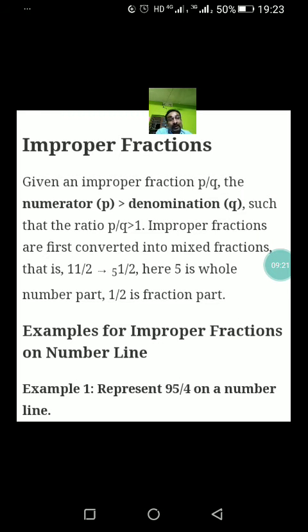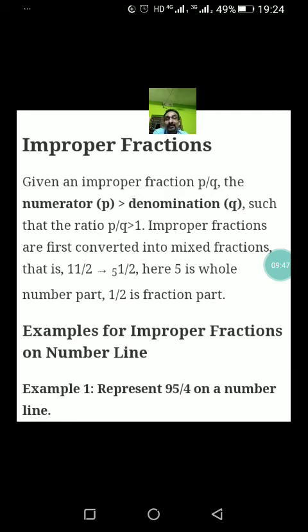Now, if we have to represent an improper fraction, first of all, we will know what an improper fraction is. In a proper fraction, the denominator is greater than the numerator. Vice versa, in an improper fraction, the numerator is greater than the denominator.